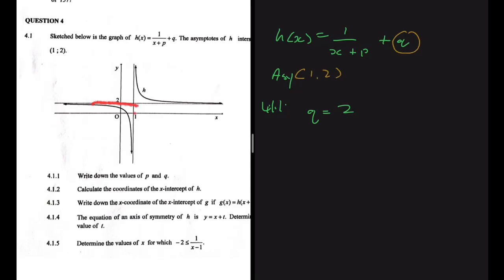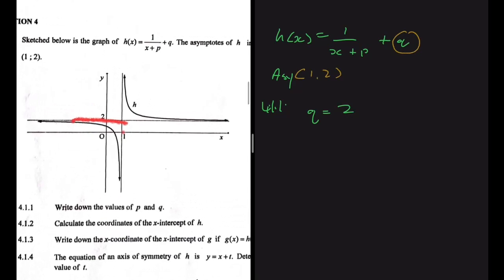And now we're looking for p. If you look at this equation of the hyperbola, we have x plus p. To find p, you say x plus p is equal to 0, so x is equal to minus p.